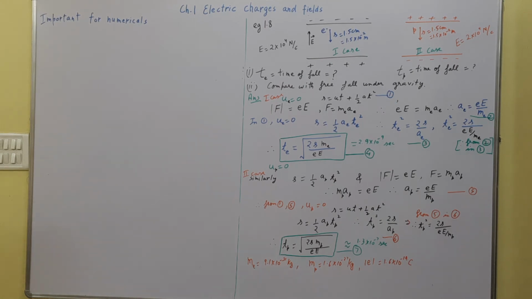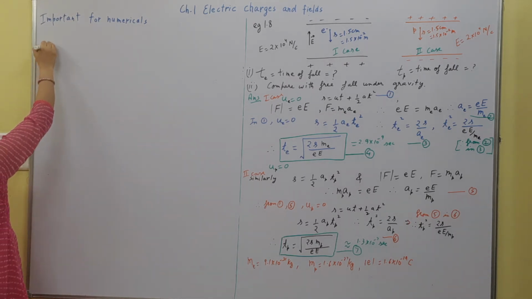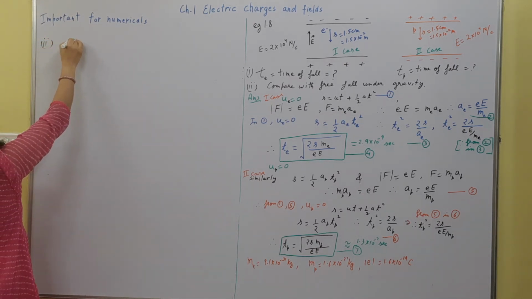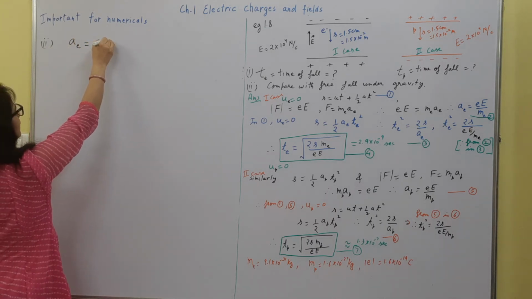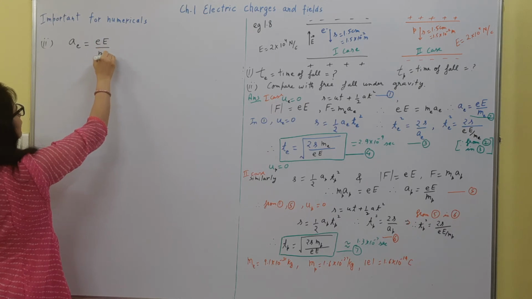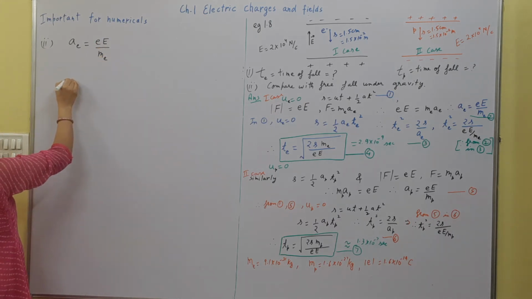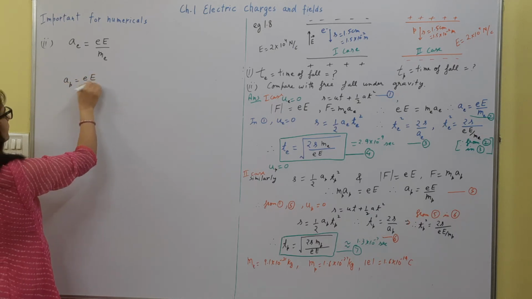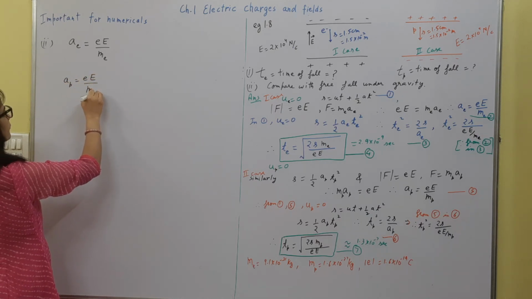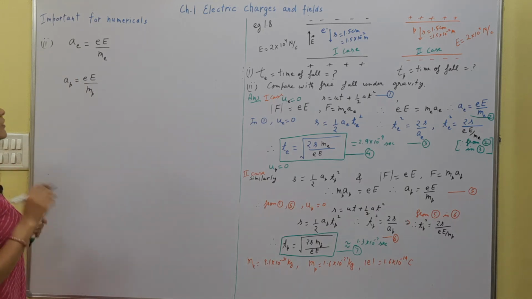Now we know that the acceleration of electron is E upon mass of electron, and acceleration of proton is E upon mass of proton, right? We know all these values.